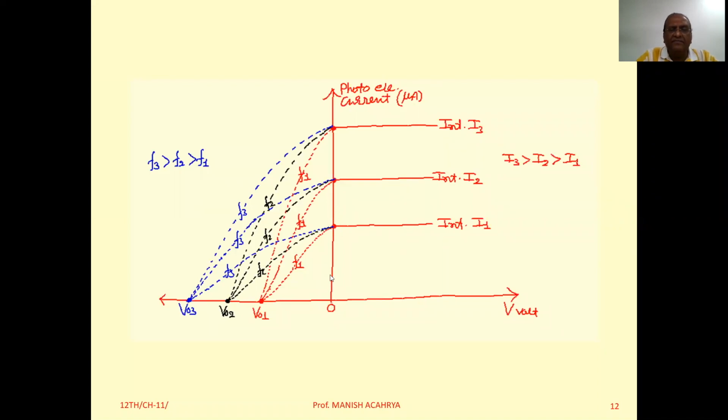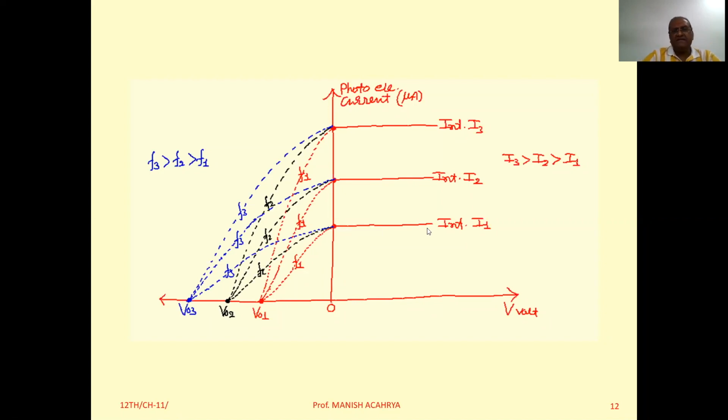Then at zero potential, the current obtained is this much. So electrons emitted reached the collector and current was constituted in the outer circuit. When the positive potential at the collector increased, they observed this thing, the current remains constant.